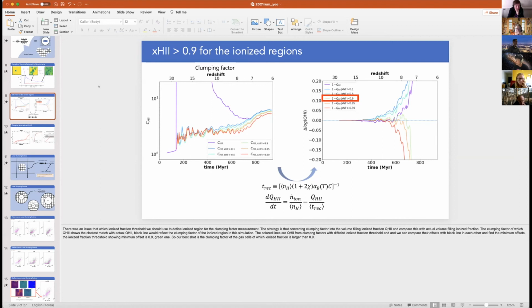Especially there are some dense gas cells outside the halos, and it is hard to ionize those dense neutral regions even after z=7. So depending on the ionized fraction threshold, it can change the clumping factor values. That's my speculation. Okay, thank you.